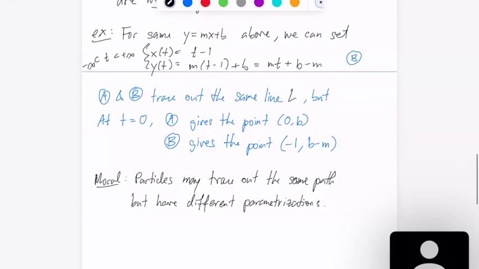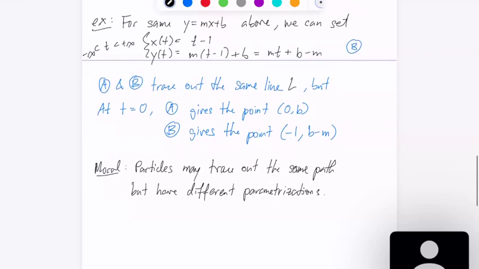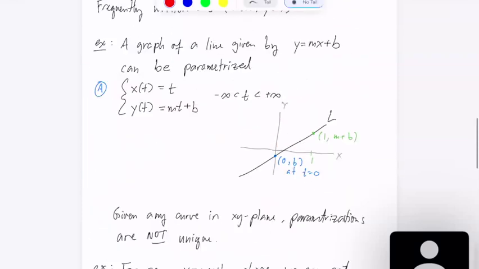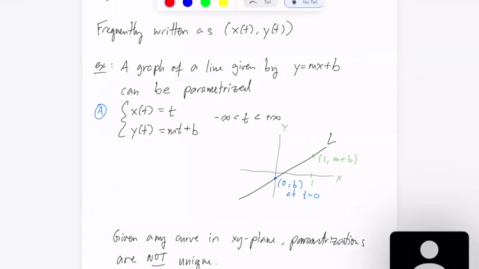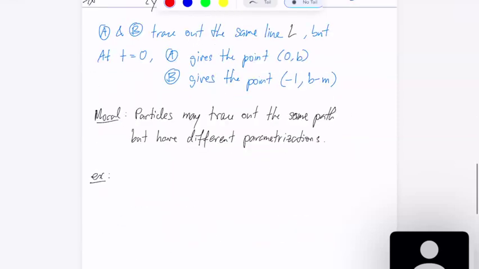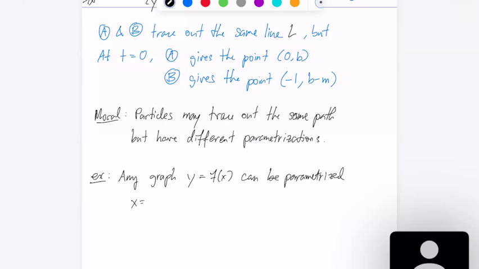So let's do maybe another example. So far we've looked at the case for lines. So here's an example of a parameterization given a line. In general, any graph y is equal to f of x can be parameterized using x is equal to t, y is equal to f of t, right?